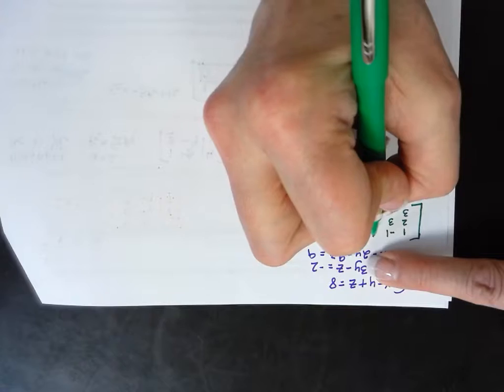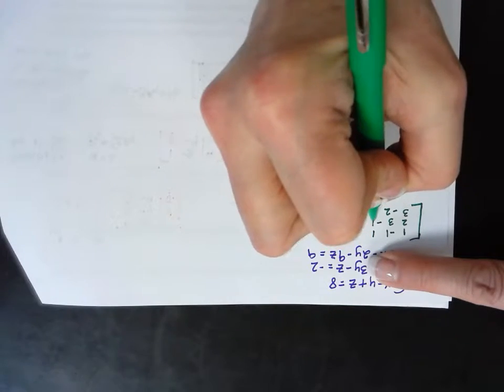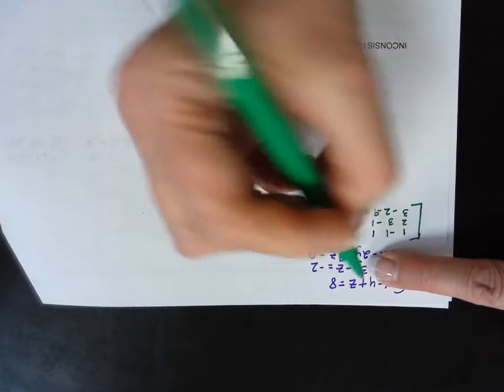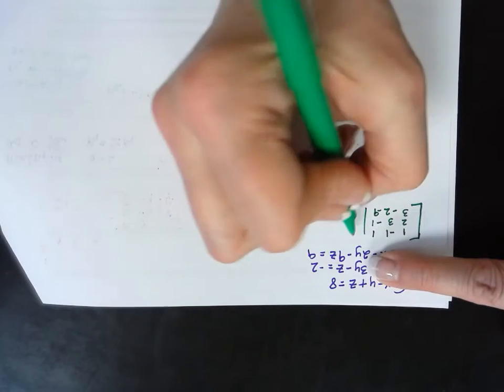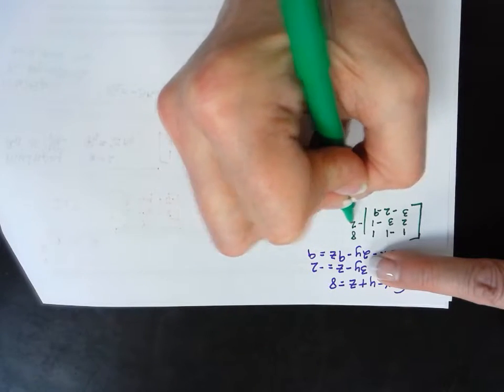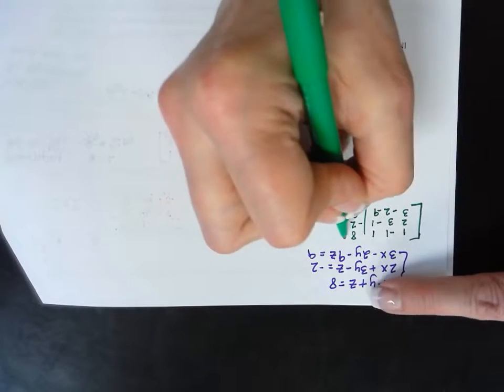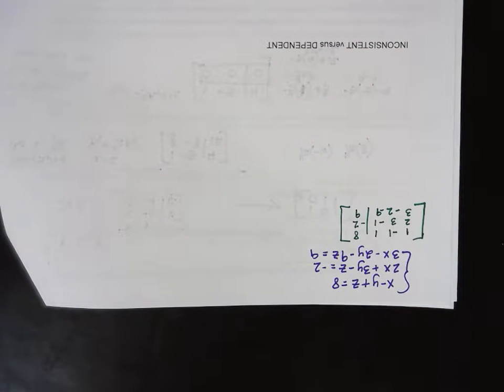And my z's are 1, negative 1, and negative 9. And then the answer column is 8, negative 2, and 9. Everybody feel solid about writing the matrix? That's good. Okay. All right.